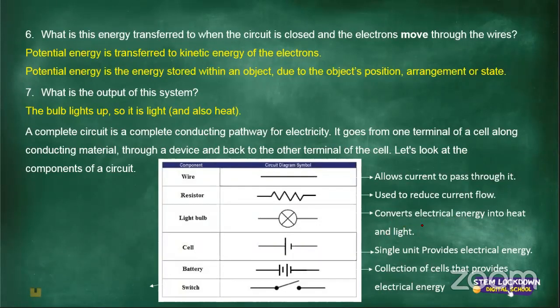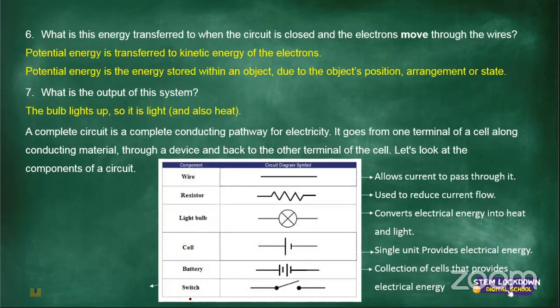So light bulb, it converts that flow of current, which is the electrical energy, and it converts it into heat and light. Then we have a cell is a single unit, and it provides electrical energy. And we have a battery. It's a collection of cells that provides electrical energy.